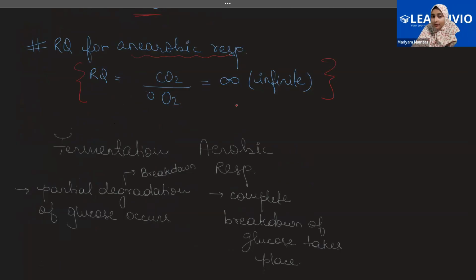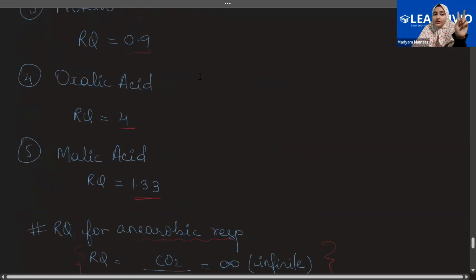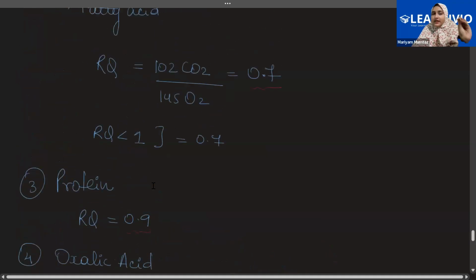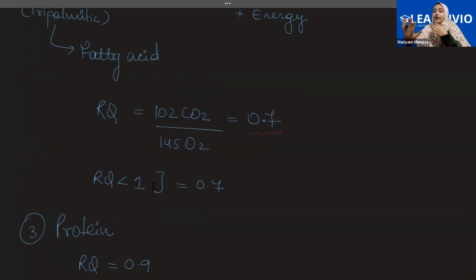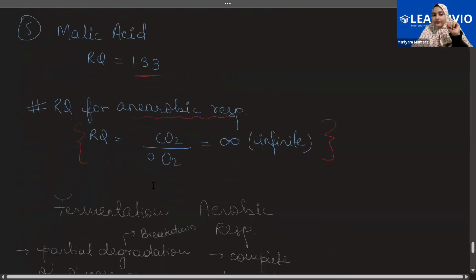For protein, it is 0.9. Oxalic acid is 4 and malic acid is 1.33. Respiratory quotient, what is it? It is the ratio of how much carbon dioxide is released to the amount of oxygen utilized. So it's the calculation of that.